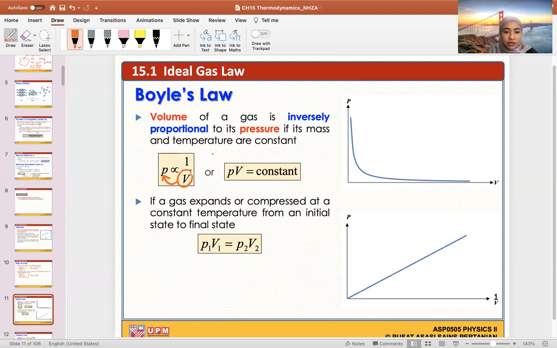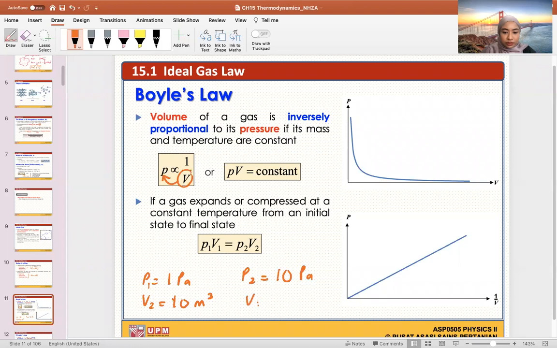So from one state to another, let's say you start with P1 equals 1 Pascal and you start with 10 meter cube. And then they ask what is the volume at a pressure of 10 Pascal?